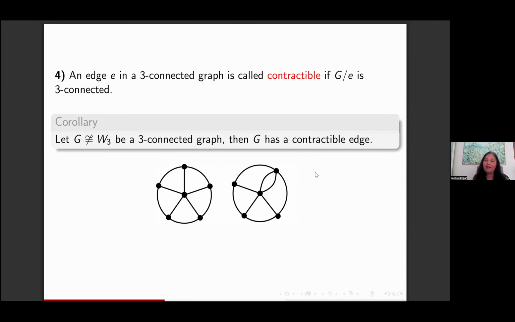All 3-connected graphs have a W3 minor, and W3 and K4 are the same thing, so if it's not W3, then it will have a contractible edge. And keep in mind in graph theory, if you contract this edge and you get a parallel edge, this graph is still 3-connected. I'm not saying that it has to be simple. I just said an edge is contractible if G contract e is 3-connected. So any 3-connected graph except W3 has a contractible edge.